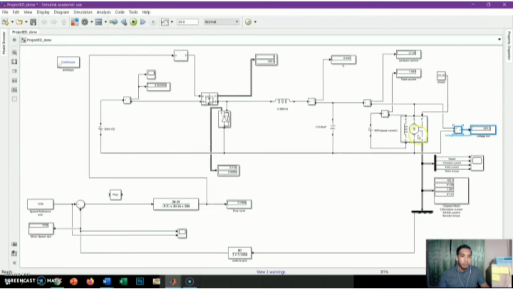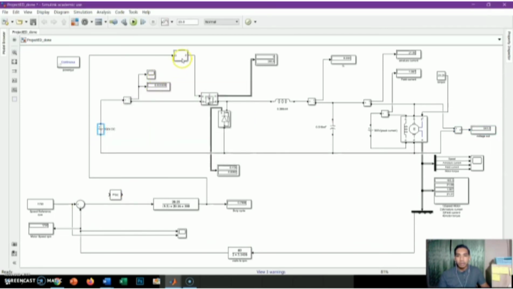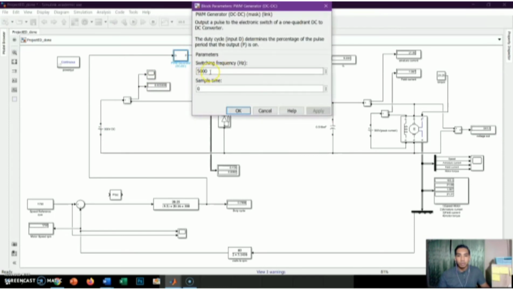The motor will produce the speed in radians per second. Then we convert it into RPM. This is the feedback to the PI. So we set the voltage input to 300 volt, and this PWM has a switching frequency of 5000 Hz.